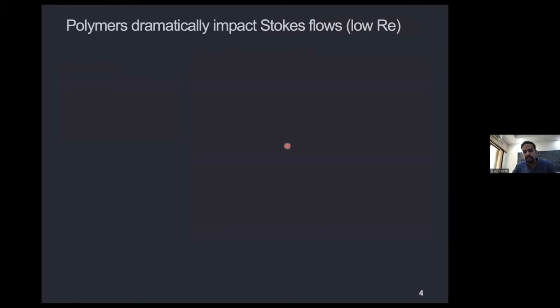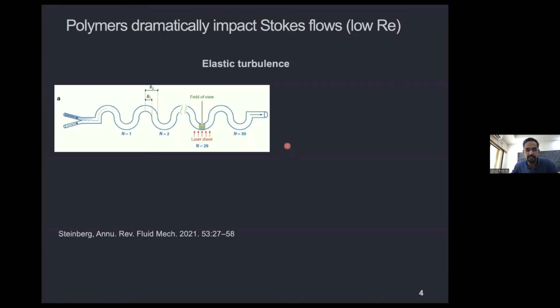Now, going to the other end of the Reynolds number spectrum, there is the equally interesting, though more recent, phenomenon of elastic turbulence, which has been studied by Steinberg's group. Here's one of the many experiments that his group has done. You have a microchannel where the Reynolds number is small, so the flow is almost Stokesian.